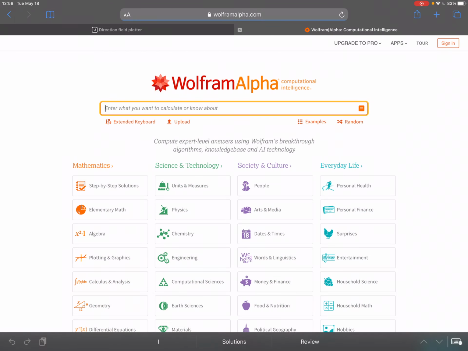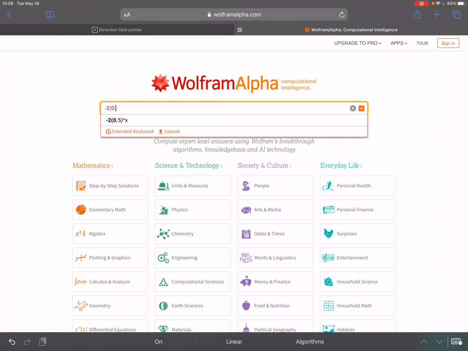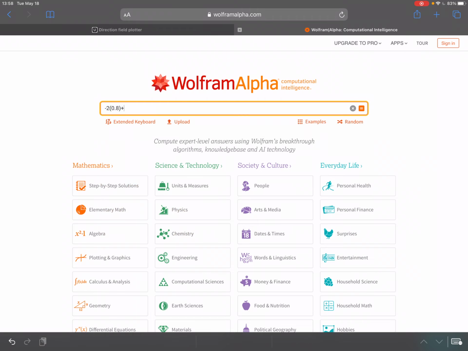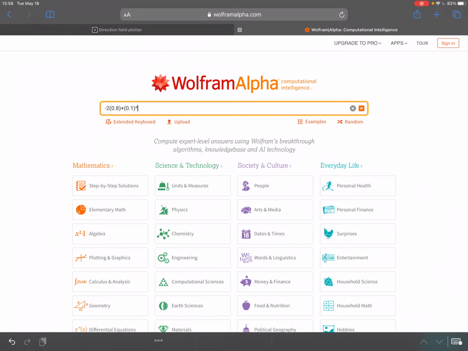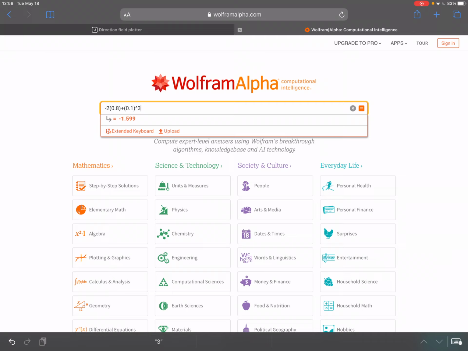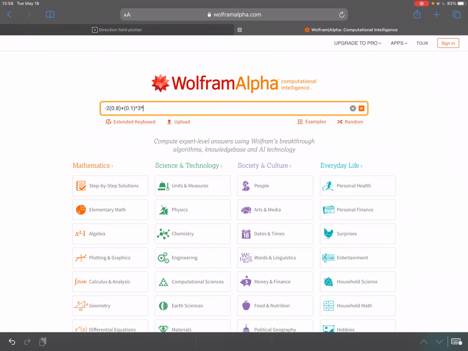Now I can more easily put it in: minus 2, 0.8, plus, 0.1 cubed, times, e to the power minus 0.1 squared.